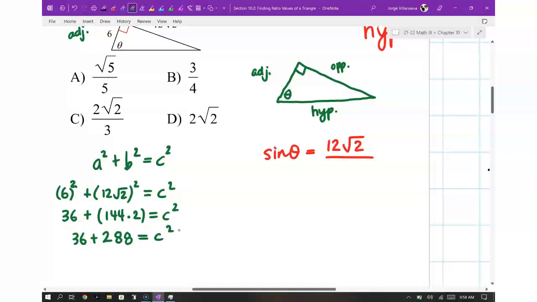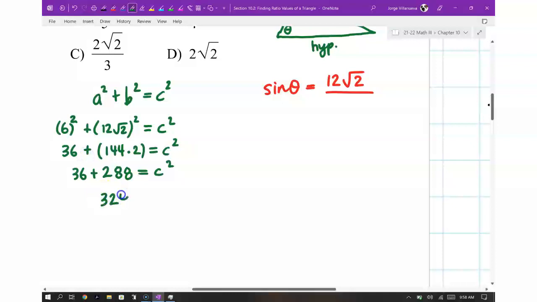So 36 plus 288, that's 324. And I think that does have a nice square root. We'll find out right now. So what is the square root of 324? Okay, so it's 18. So what I'm going to do at this point is take a square root of both sides. And I get c equal to 18. So my hypotenuse is 18. So I'm going to put that right here.